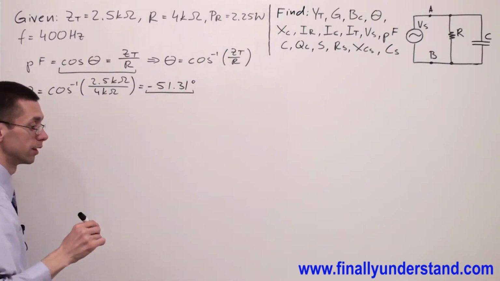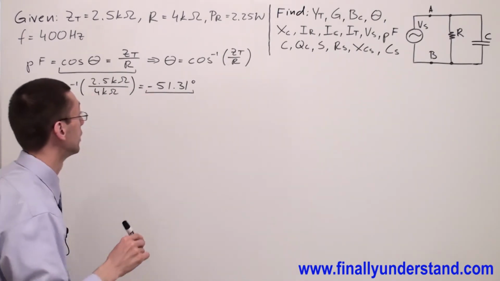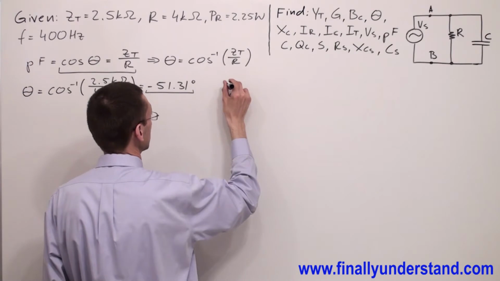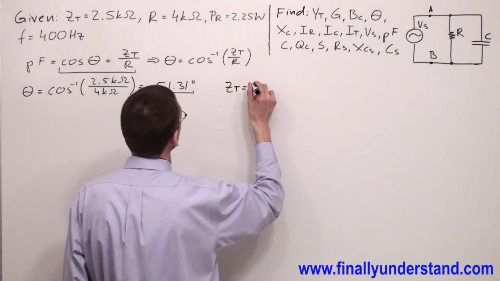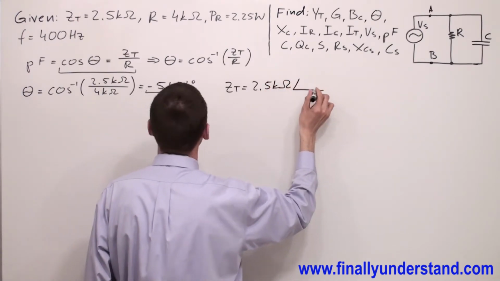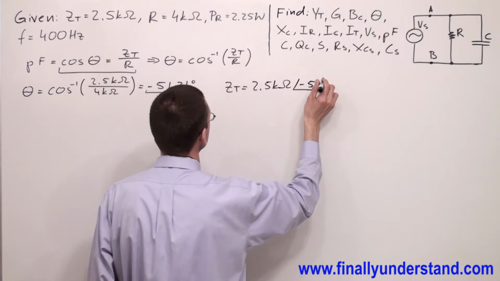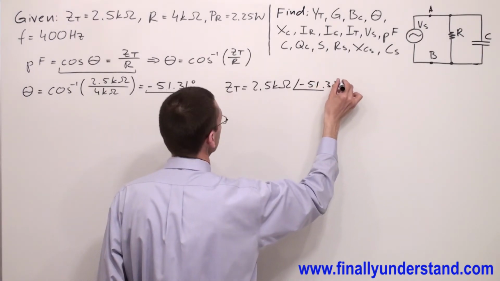This is the angle theta which I'm supposed to write next to Z total. That's why I can write that Z total is equal to 2.5 kilo ohms and angle of negative 51.31 degrees.